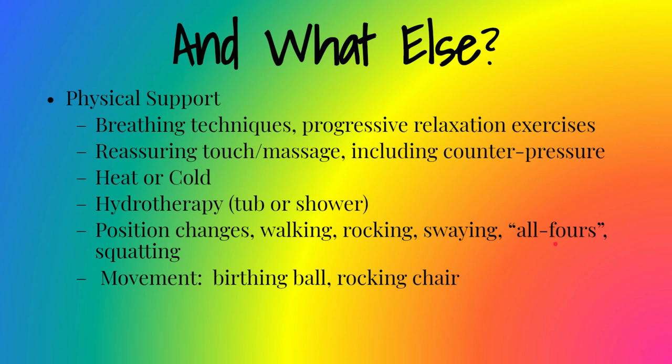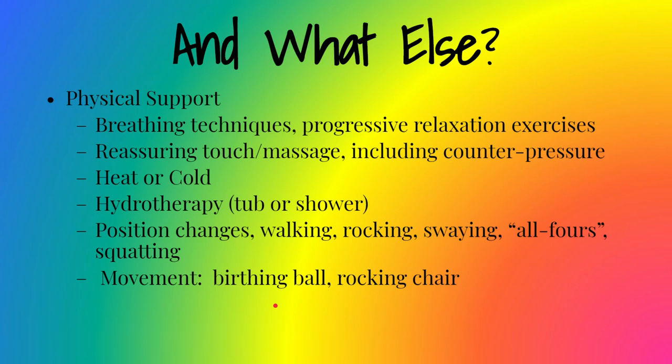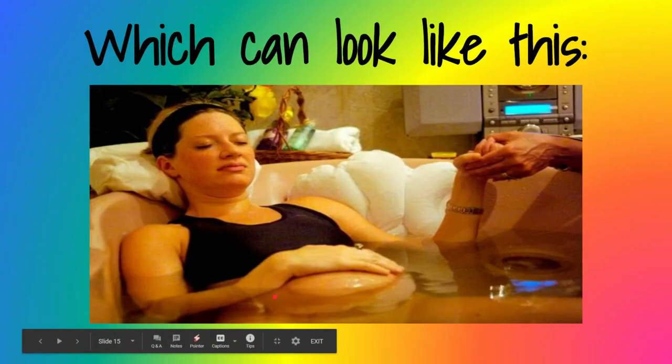You can put her on hands and knees, or even elevate the bed all the way up and have her lean on the bed as she's standing. We can use squatting sometimes if that feels more comfortable. And then movement. I mentioned the rocking chair, and there's also the birthing ball. Now, if mom has an epidural and we want to support labor progress, we can use what's called a peanut ball in between her knees to open up the pelvis. And that's something I can demonstrate in class.